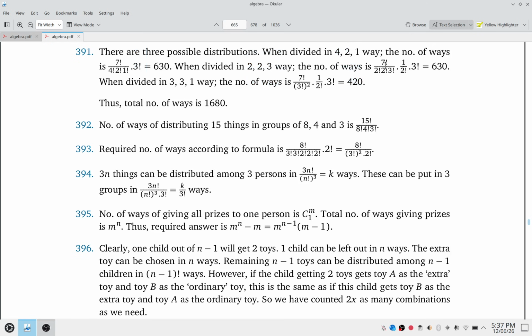So this would be 7 factorial by 2 factorial multiplied by 2 factorial multiplied by 3 factorial into 3 factorial by 2 factorial. 2 has come twice, so 3 factorial was divided by 2 factorial. Then we divide in 3, 3, 1 way. Similarly we have this 420. So in total, if you add these 3, you get 1680.